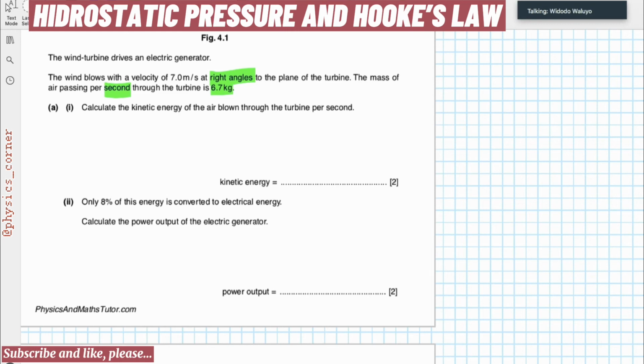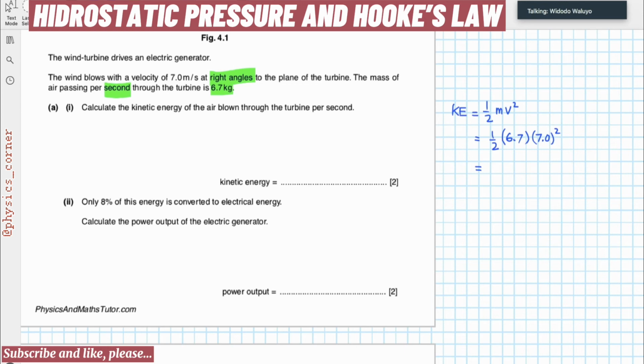Okay, kinetic energy. I think you still remember. This is a half mass times velocity square. A half, mass is 6.7, and then velocity is 7.0 square.